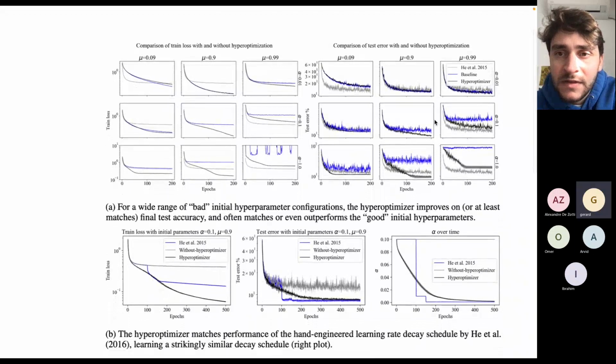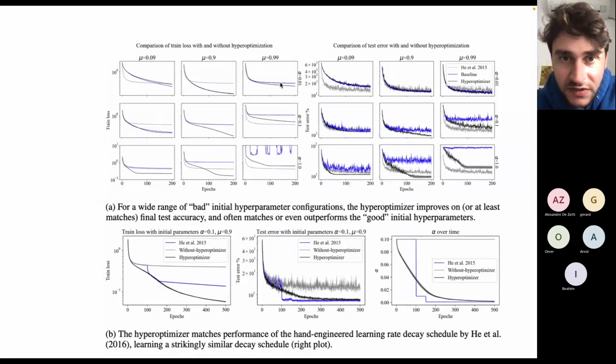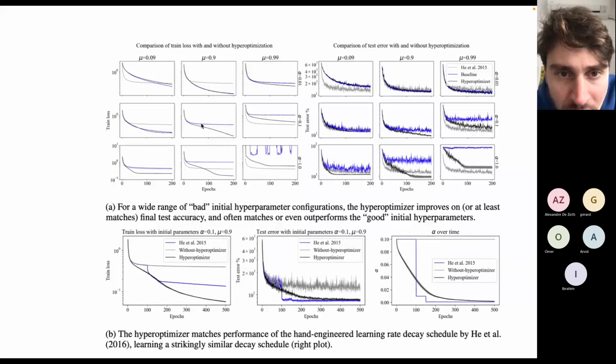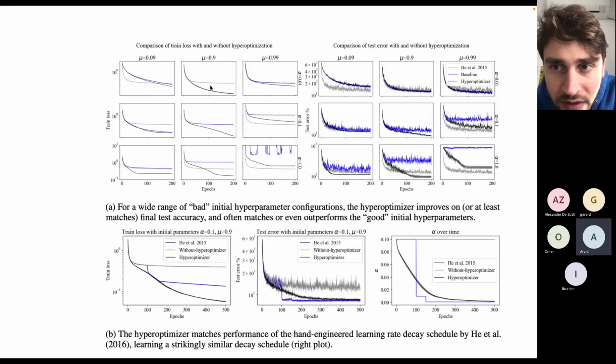But actually, the training loss seems to be generally better, right, with hyper-optimization? Let's see. Only here, no. But yeah, most of the time it is better. And then I guess these are the optimal results on the training set.